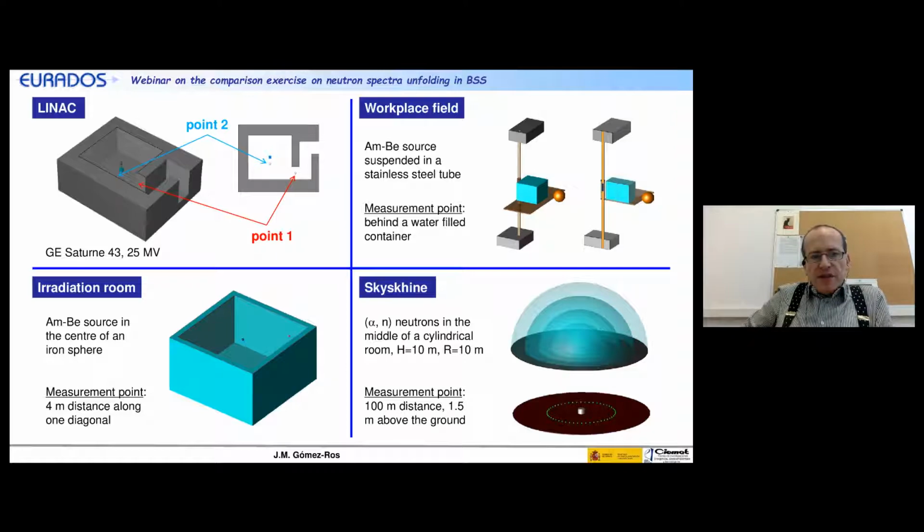The third scenario was an irradiation room consisting of an americium-beryllium source at the center of an iron sphere and a measurement point that was 4 meters distance along one diagonal. And the fourth scenario was a sky-shine problem with an alpha-neutron source in the center inside a cylindrical room, and the measurement point was located at 100 meters of distance.